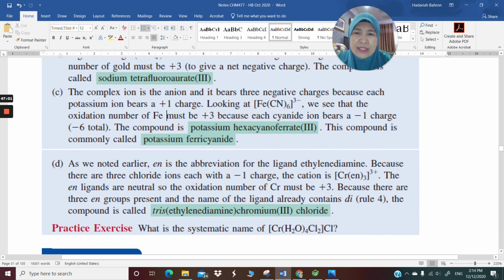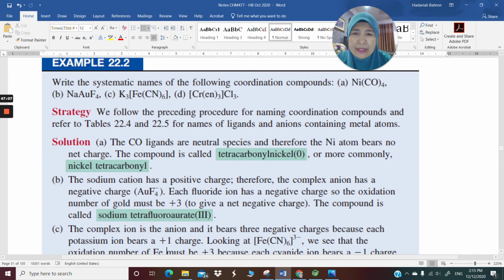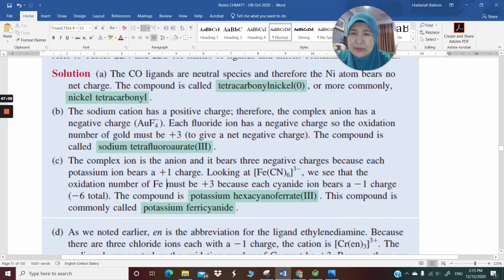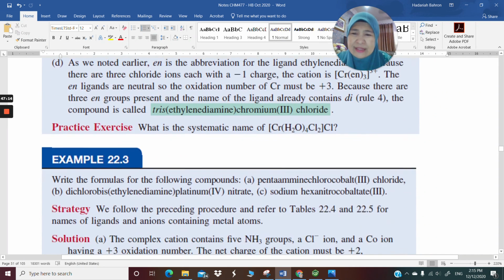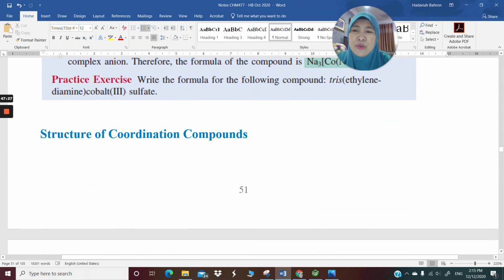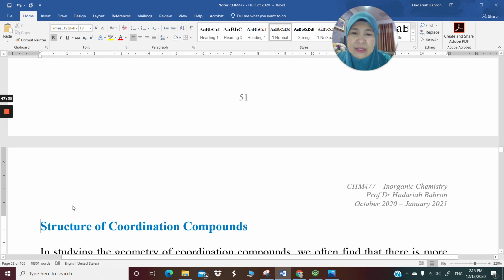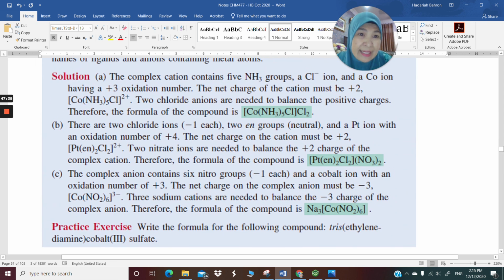Example A, B, C, D, and also an additional question, your practice exercise. Similarly, please also go through example 22.3, where you convert from name to formula. Convert name into formula. Those are your assignments, and I'm going to go through the structure of coordination compounds later in the next lecture.